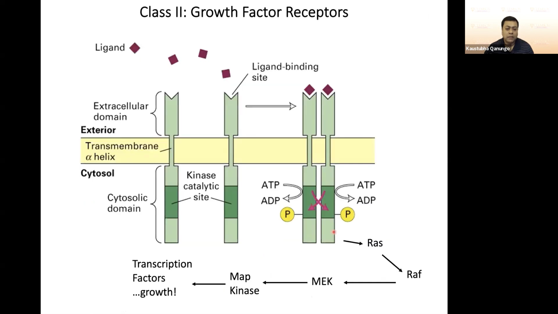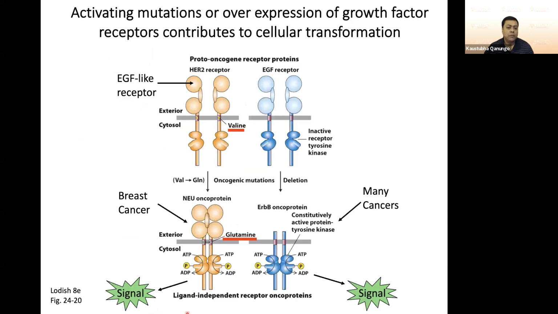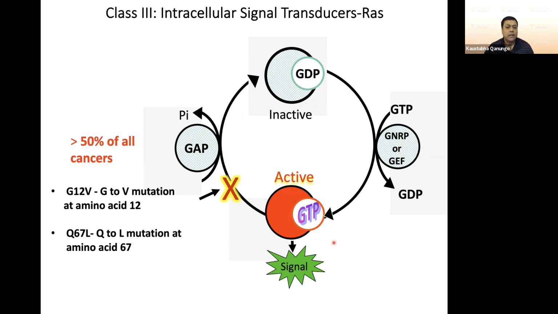So that's basically the pathway. If this is on, then RAF, MEK, MAP kinase, transcription factor and growth will be on. And the only way that it is on is if it cannot hydrolyze the GTP.